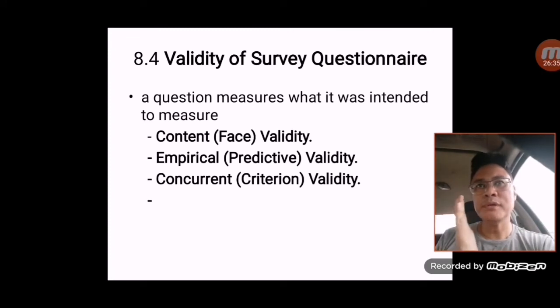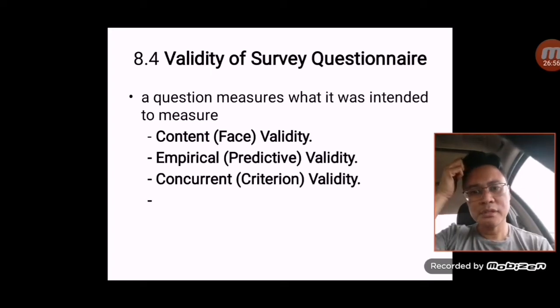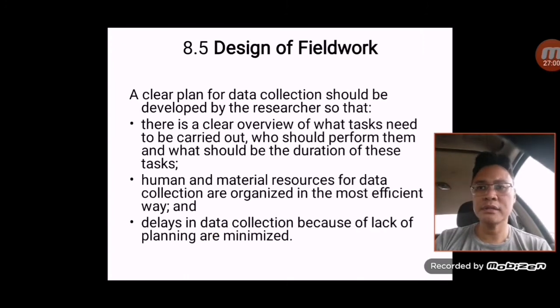Soalan yang dah stable, yang dalam kajian-kajian lepas pun memang kita kena buat test validity juga. Tapi dia tak kritikal sangat kalau soalan tu adalah soalan yang terhasil daripada kita bina from the original one. Yang ni nak cerita pasal validity ni, dia ada test dia lah. Nanti I will explain later. Design of Fieldwork. Fieldwork ni kerja lapangan, okay.